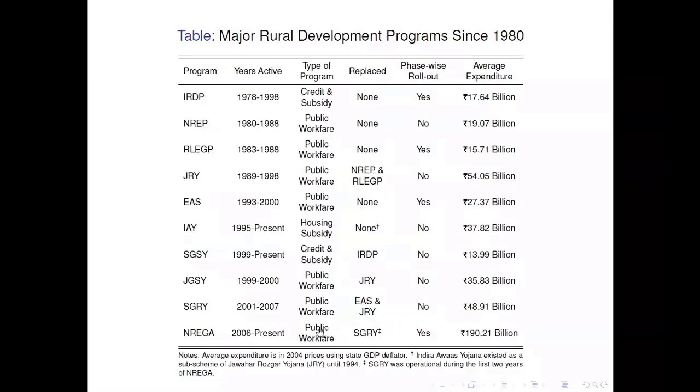Similarly, when NREGA was implemented in 2006, it replaced the previous employment program, SGRY. Here we inform whether these programs were implemented in a phase-wise manner. And finally, we give average annual expenditure in 2004 prices. For each program, we have state-wise expenditure information during the years that it is active.